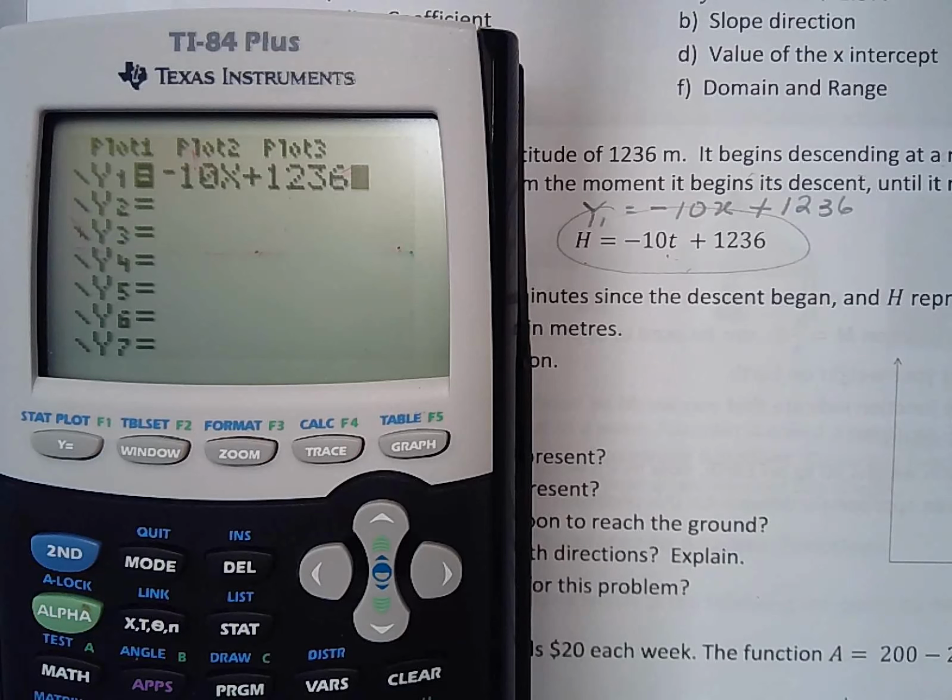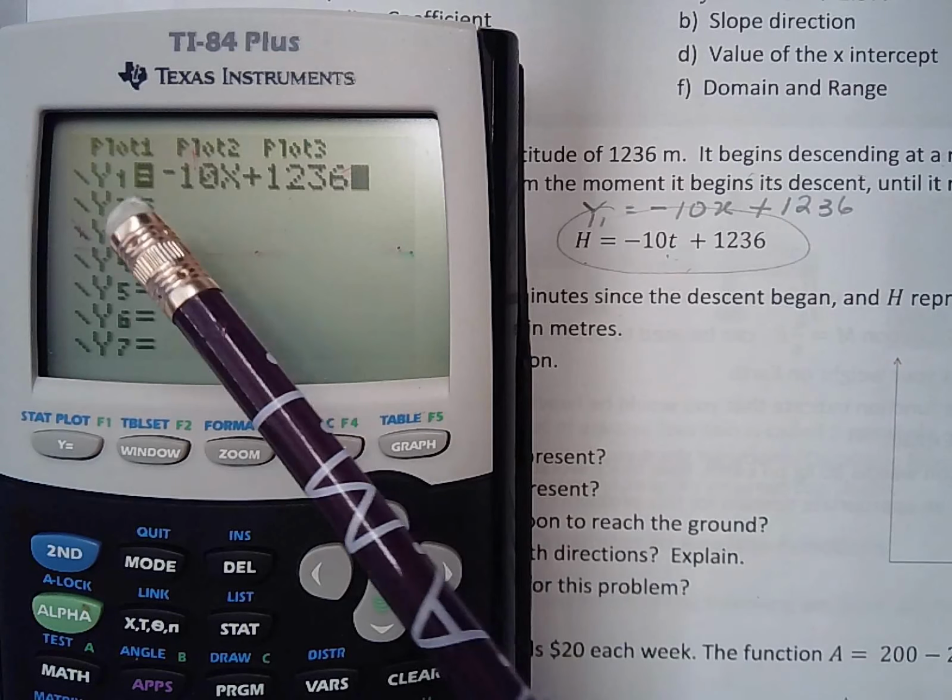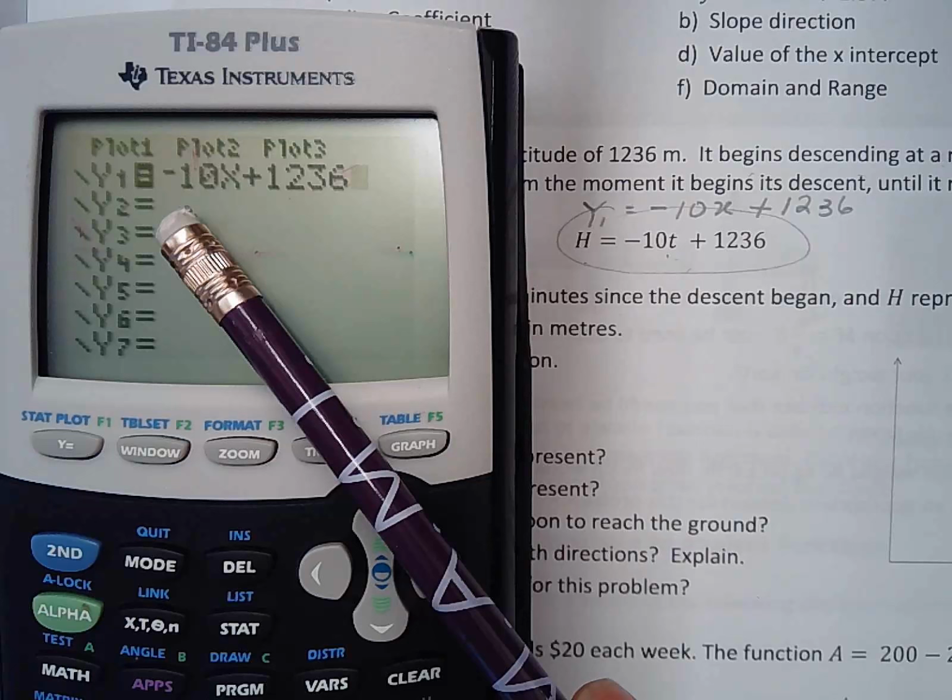How does this graph go? Decreasing to the right. It's going down, decreasing. What makes you think it's decreasing? The slope is negative, because the leading coefficient is negative.